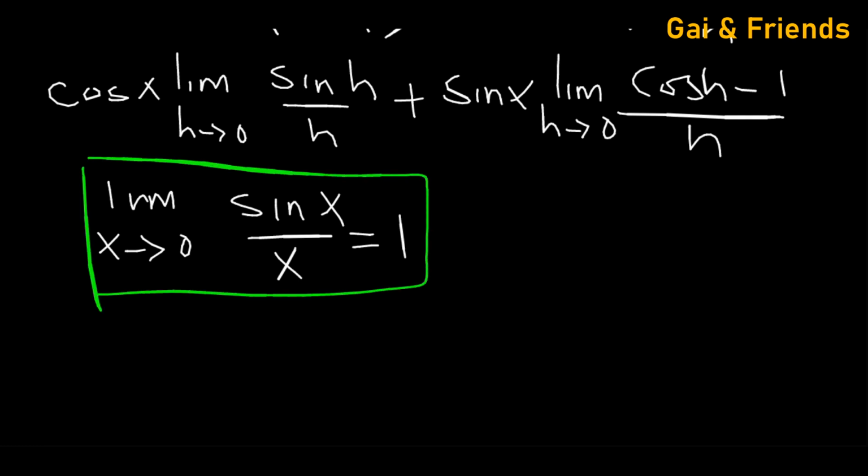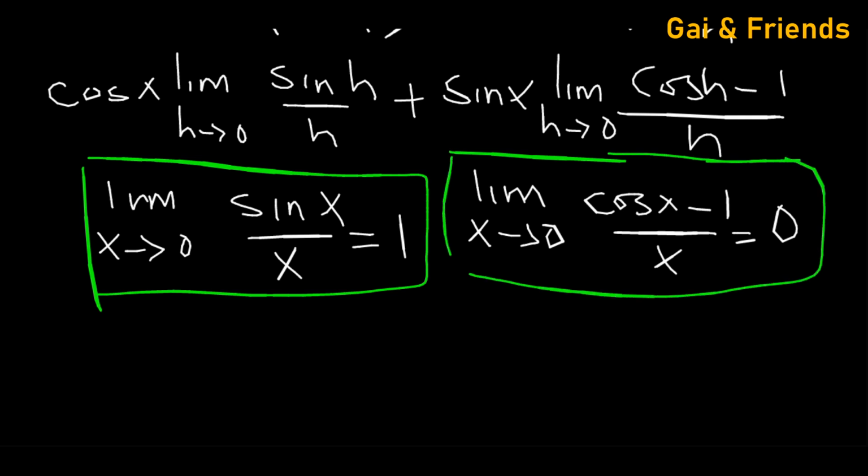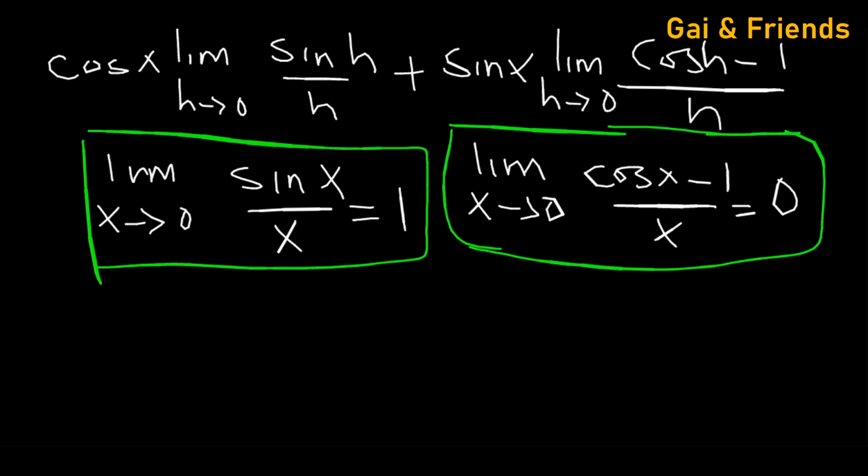And then the second identity is the limit as x approaches 0 of cosine x minus 1 over x is equal to 0. This one is also very important, and you should also know it by now. Having these things in mind, we can apply them to our problem and get our solution.